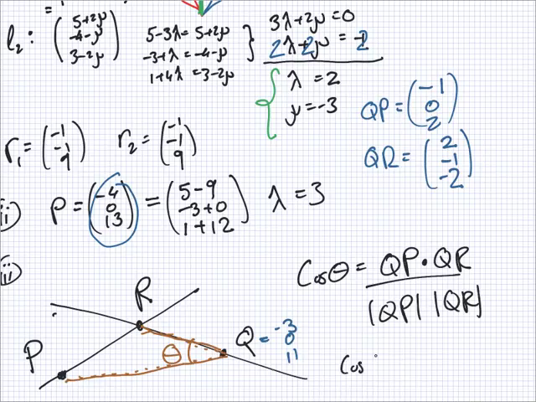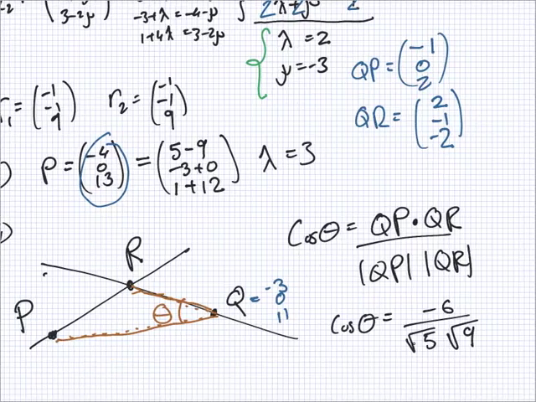So cos theta equals minus 2 minus 4 minus 6... over root 5 times root 9, which is 3. So theta is cos inverse of minus 2 over root 5.